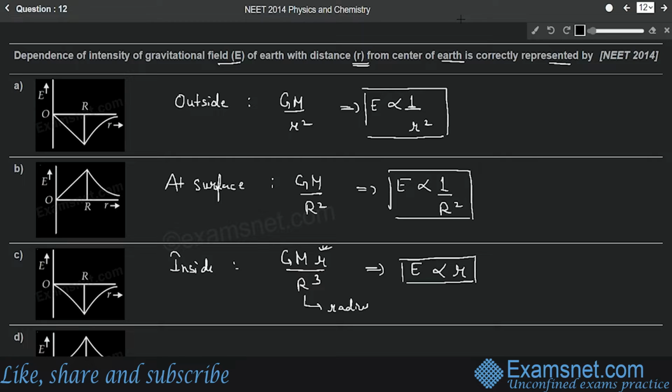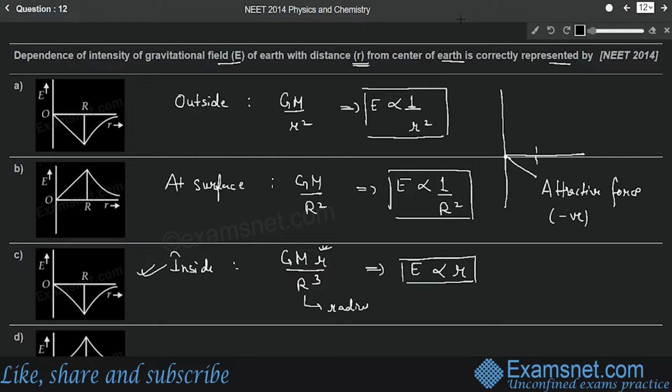If we plot a graph, first of all we have to keep in mind that the gravitational force is an attractive force. Therefore, we have to consider it as negative, that means the graph will be plotted on the negative side. From the center to the radius it will be directly proportional, so it will go like this.